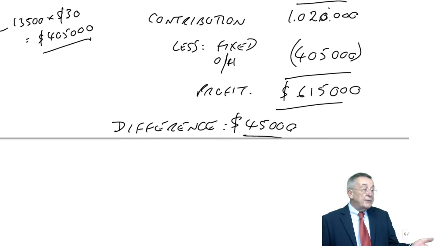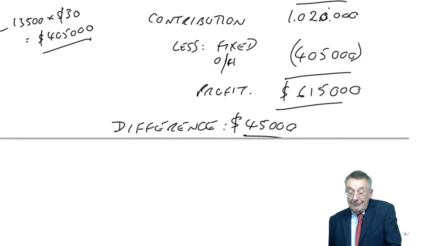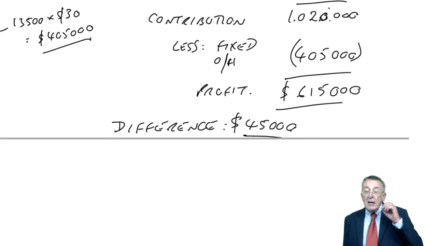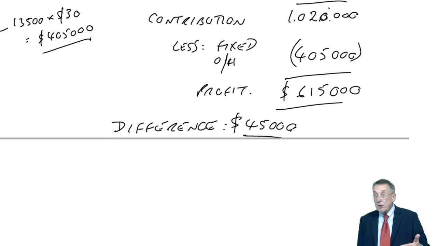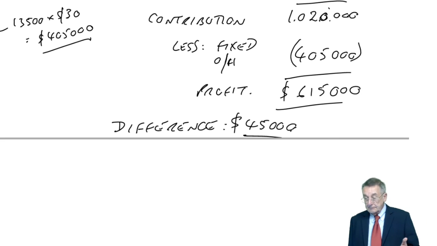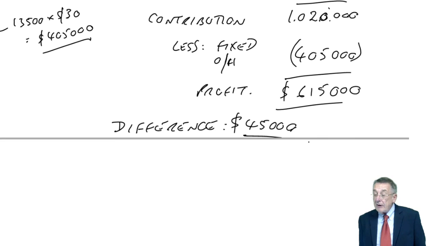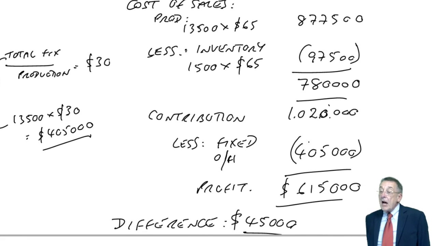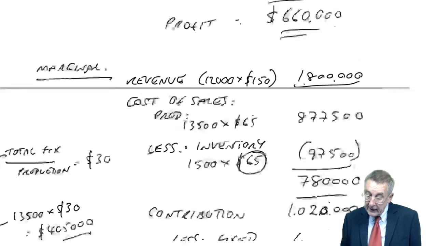However, I also said a few minutes ago, although you should be happy with what I've done there, if it was simply, as it's asked, what will be the difference in reported profit, you should be able to write it straight down. Why are the profits different? The only reason they're different is because of the way the inventory's been valued.